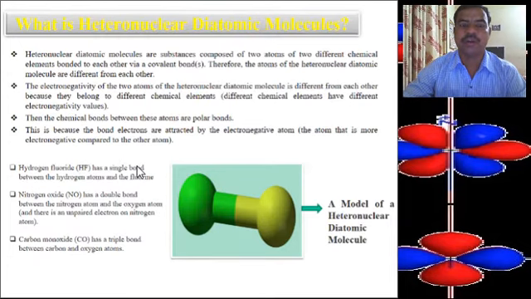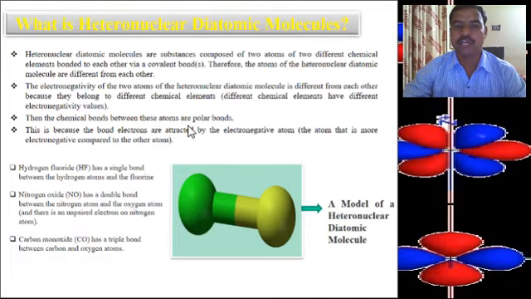Now first of all, what is a heteronuclear diatomic molecule? What is the actual definition? Heteronuclear diatomic molecules are substances composed of two atoms of two different chemical elements bonded to each other via a chemical bond, and therefore the atoms of the heteronuclear diatomic molecule are different from each other.